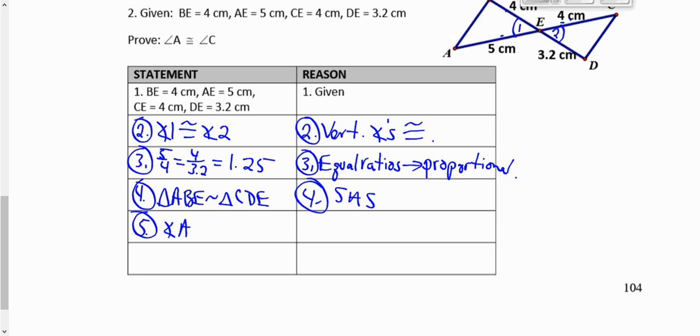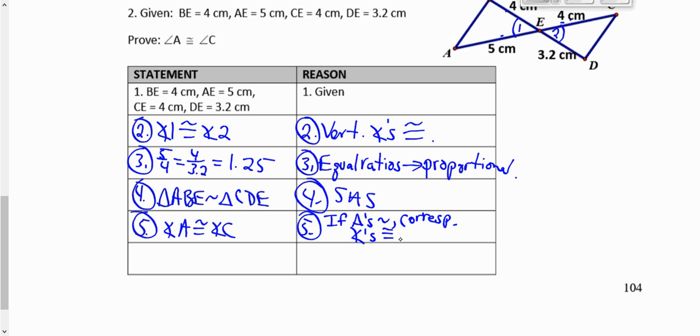Angle A congruent to angle C, okay? So we'll say if triangles similar, and I'm abbreviating, corresponding angles congruent. Okay?